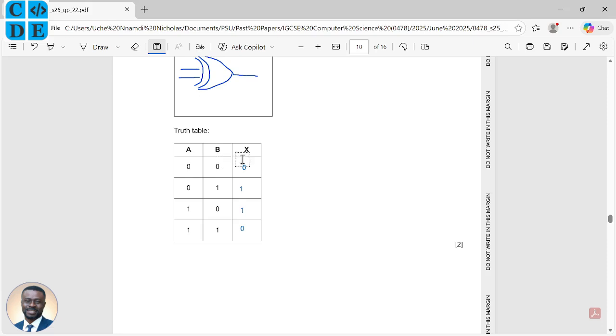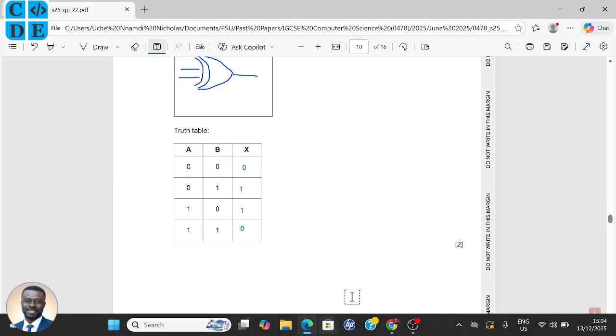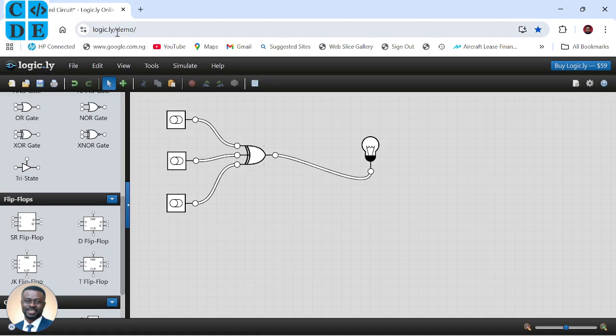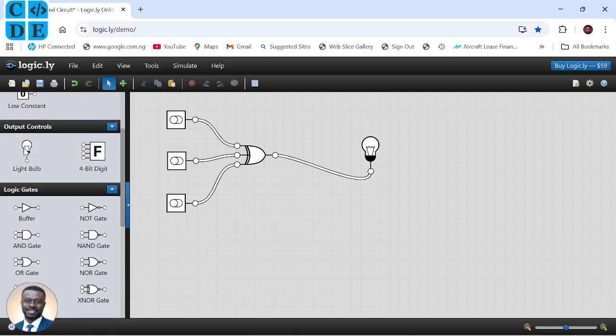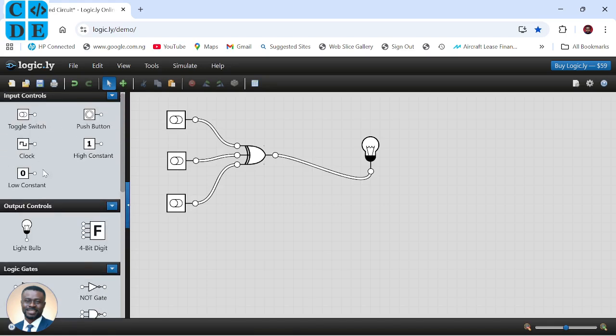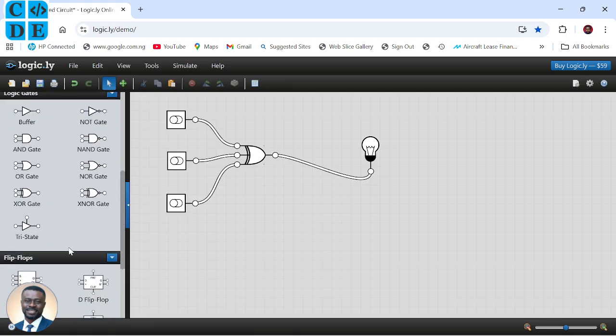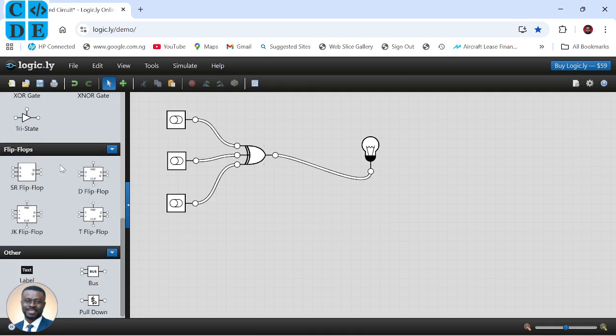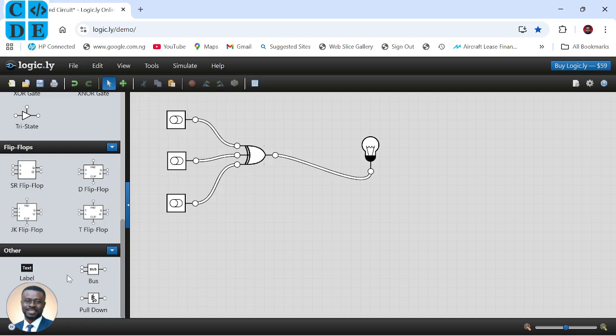I have drawn this using logic.ly. In case you have not used this site, you should try it. It's very helpful. It has a lot of gates for you to try, inputs, outputs, and even some electronic parts like flip-flops.